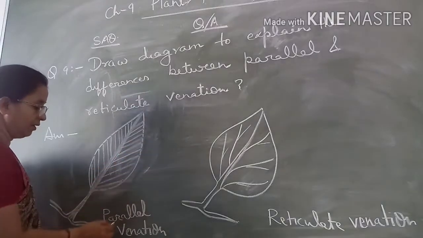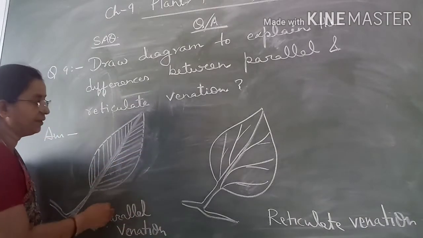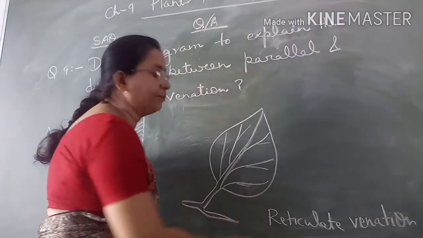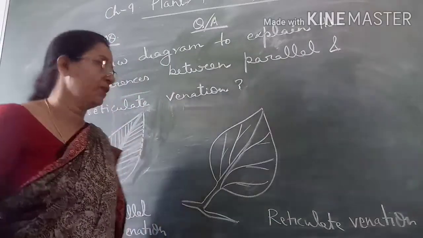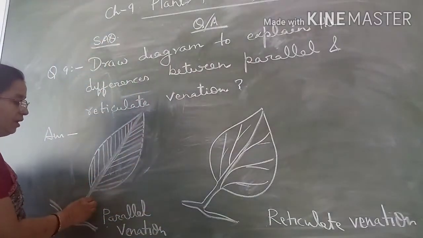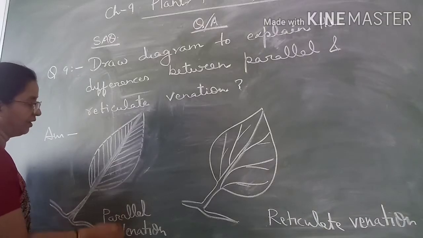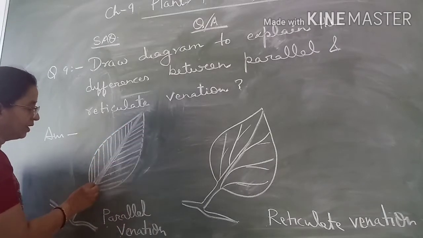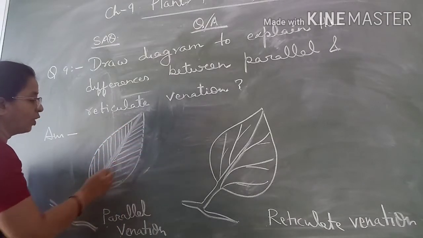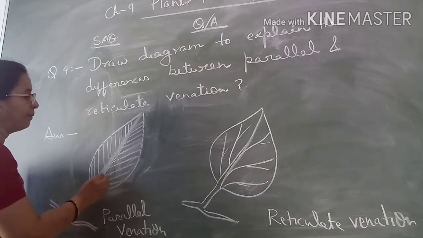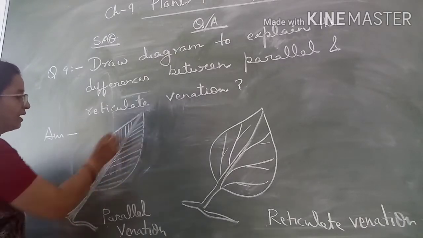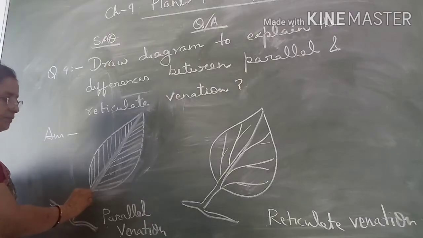The first one shows parallel venation and the second one shows reticulate venation. As you can see, in parallel venation, this is the midrib. These are the veins. All the veins are arranged parallel. You can see in this diagram.